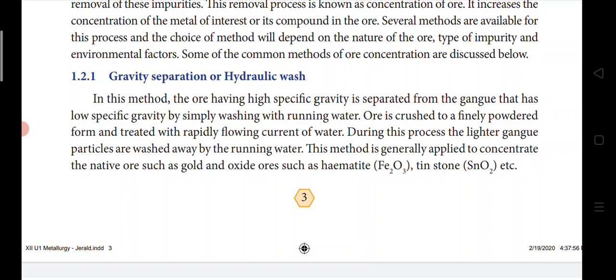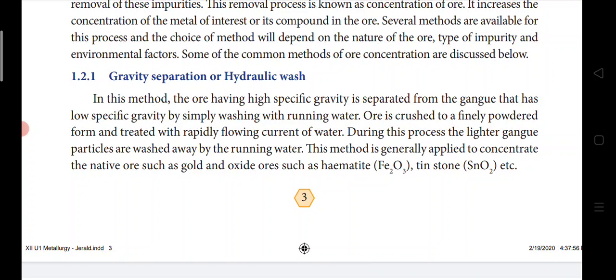Now the ore is crushed to a finely powdered form and treated with a rapidly flowing current of water. So we crush the ore finely, and then make the ore pass through that rapidly running water.